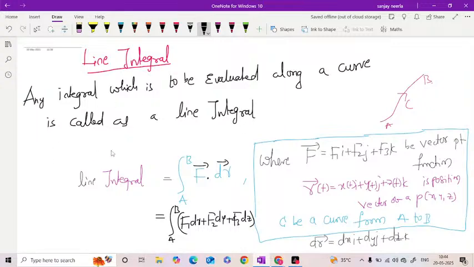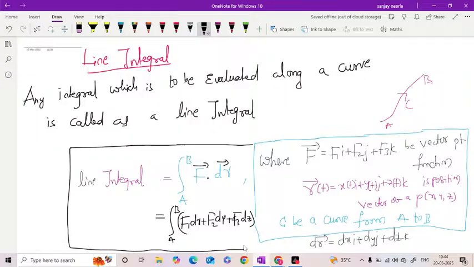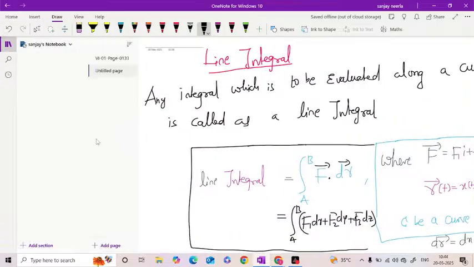Mathematically, line integral we write as the integral a to b of F dot dr. This is the line integral. Today we'll see 3 problems. After 3 problems we'll stop. Okay, now come to the first problem.